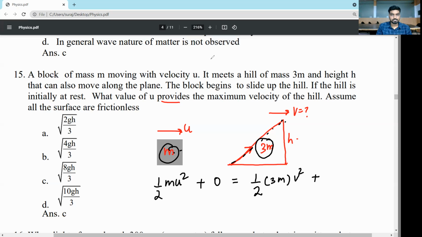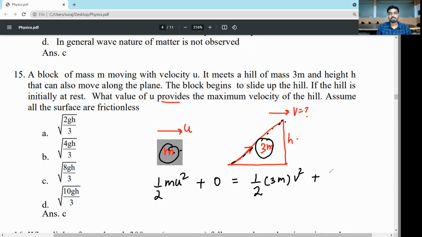See, once the mass m has reached the maximum height, some of its velocity will be used to gain potential energy. So I'm doing conservation of energy.